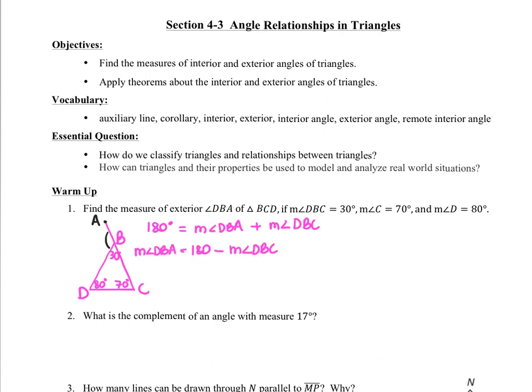Once we got it set up this way, we can just substitute in the 30 degrees for the measure of angle DBC, and that means our final answer is the measure of angle DBA is equal to 180 minus 30, 150 degrees.